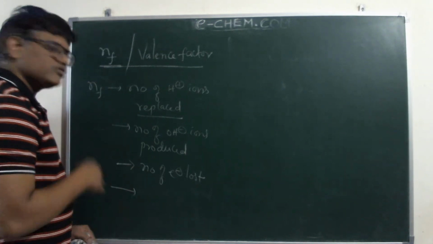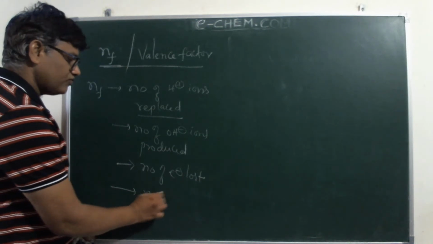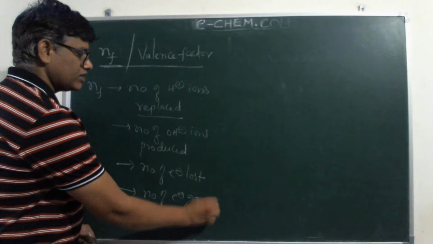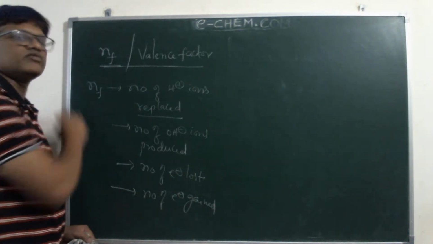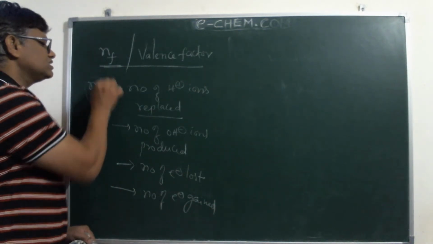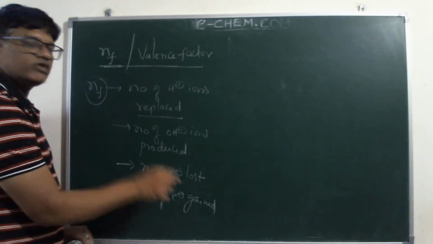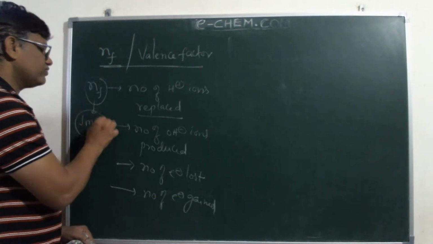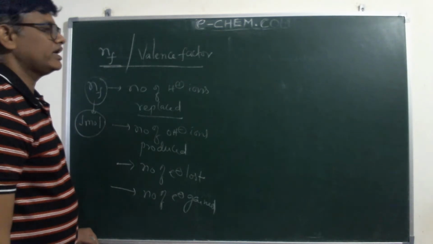In the case of reductions, the number of electrons gained per mole of the compound is considered as the n factor. So the n factor is defined for 1 mole of the compound, you have to keep that in mind.